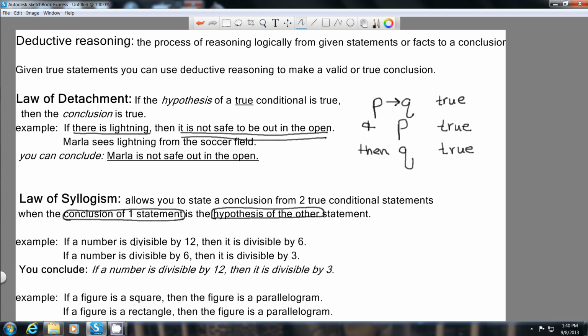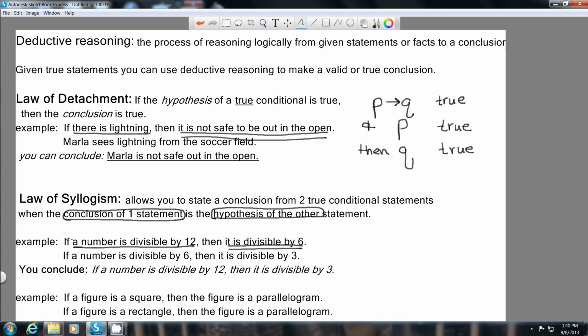If a number is divisible by 12, then it's divisible by 6. Notice our hypothesis: a number is divisible by 12. In our conclusion, it is divisible by 6. Well, in the second statement, and this is a true statement, if a number is divisible by 12, then it is divisible by 6.